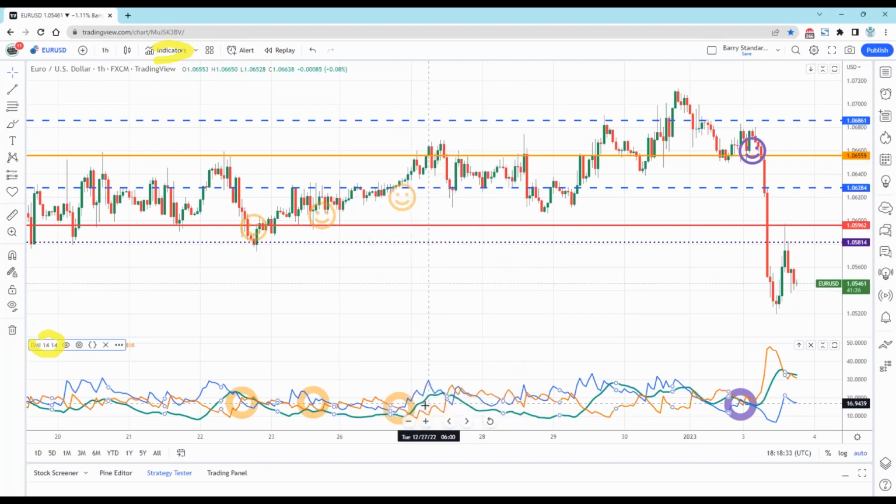So now down below, I've added on the ADX line. The ADX line tells us the strength. And we only want to look at the 25 range for the ADX.